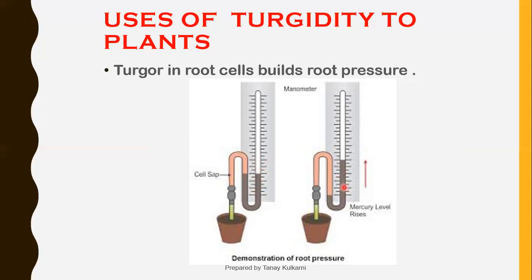This rising of the water can raise the mercury level in the connected manometer. This manometer is an instrument to measure pressure. So this upward flow of water is due to heavy pressure from the roots, which is called root pressure.